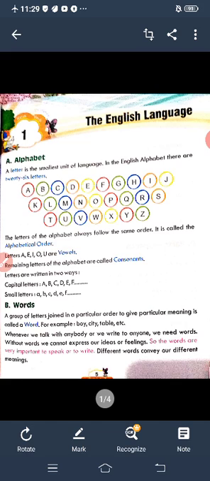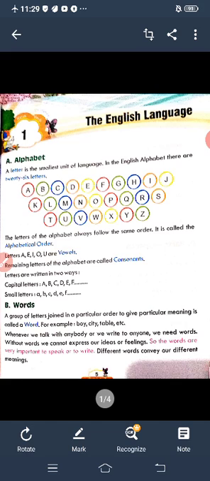And words, if we form these letters A to Z in a particular manner so that they create a meaning, they are words.